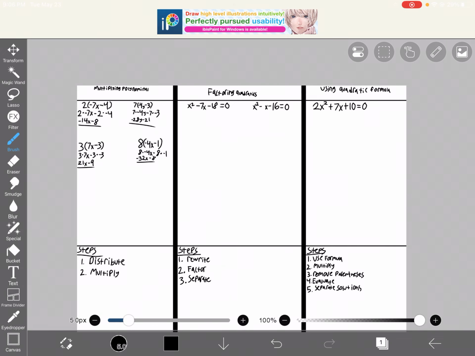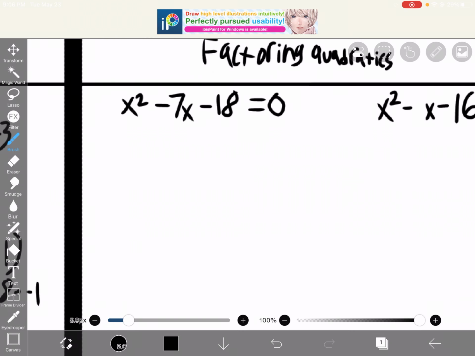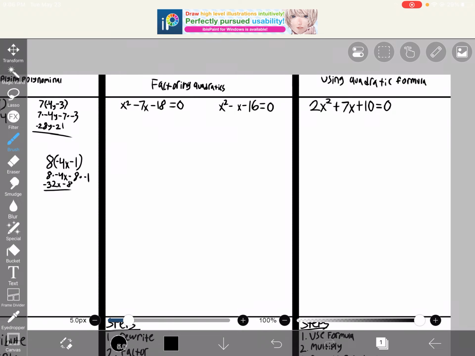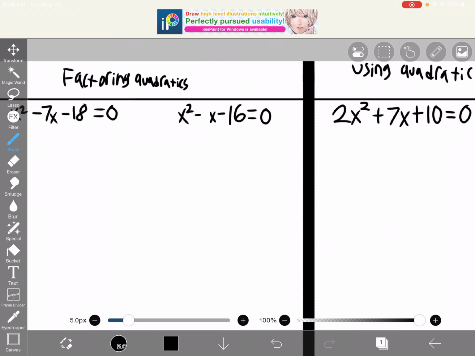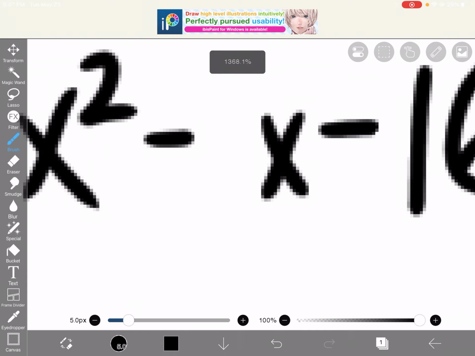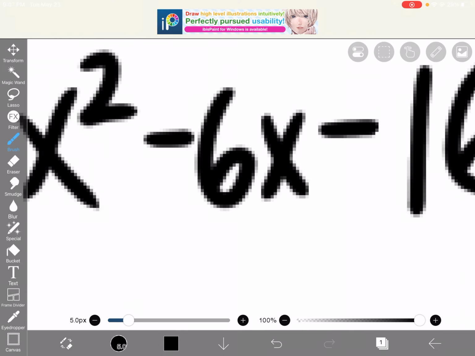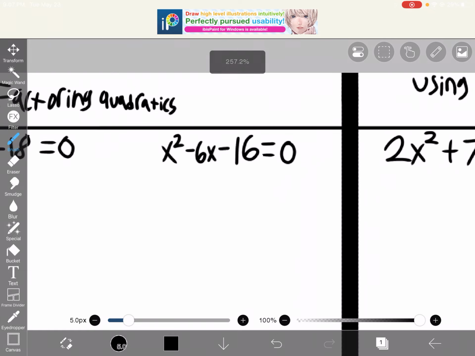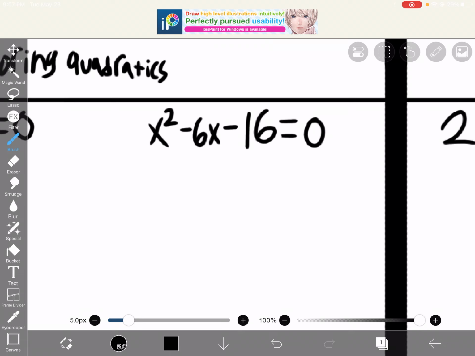Now for factoring quadratics, whoops, this is supposed to be a 6. So here we have x squared minus 6x minus 16 equals 0. Now we have to factor it, so rewrite.